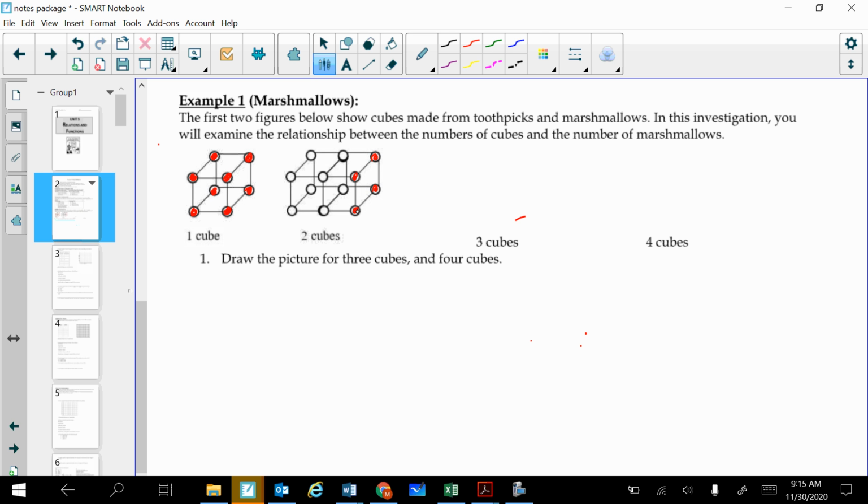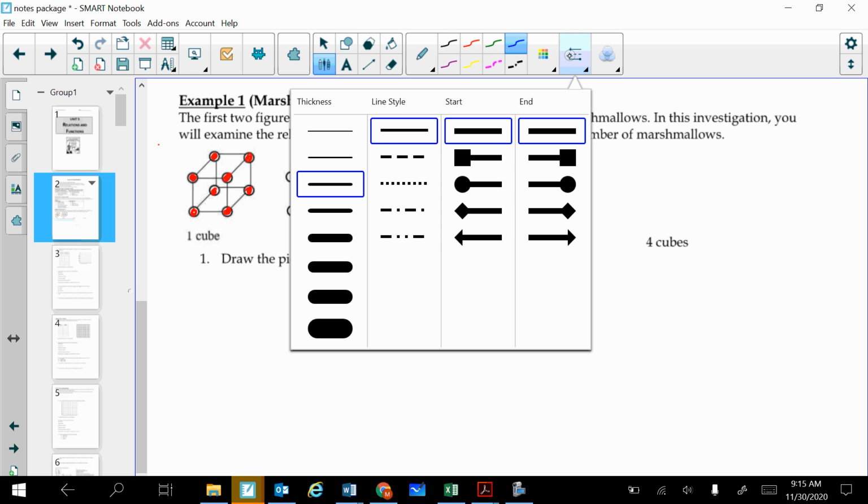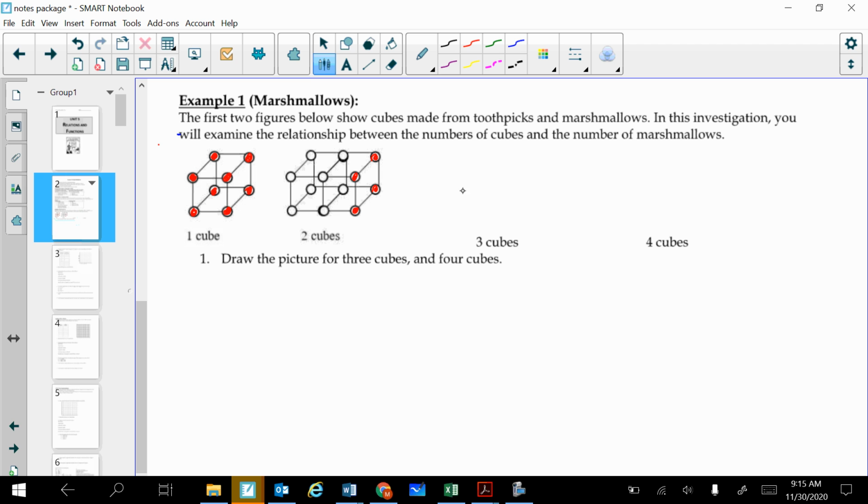So draw the next 3 cubes and the next 4 cubes. Do your best. Drawing in 3 dimensions is not exactly easy, so take your time. I'm going to draw it with you. The way I do it is I draw a square, or let's say a rectangle, and I'm going to draw another rectangle behind it.